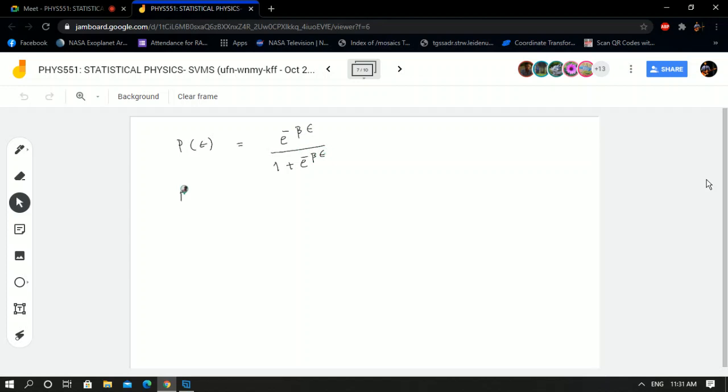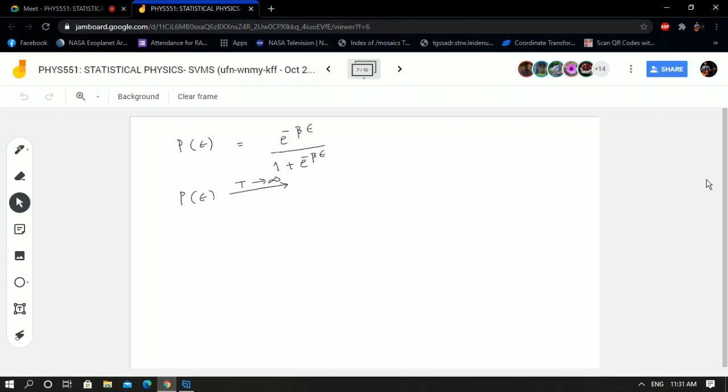What happens to this p of epsilon as T goes to infinity? So it will go to 1. Which one will go to 1? P of epsilon. This one goes to 1.